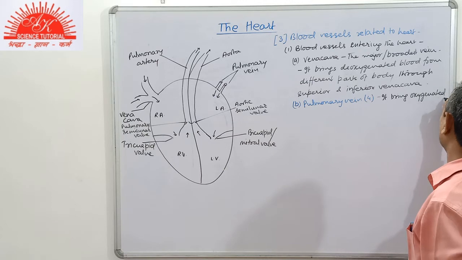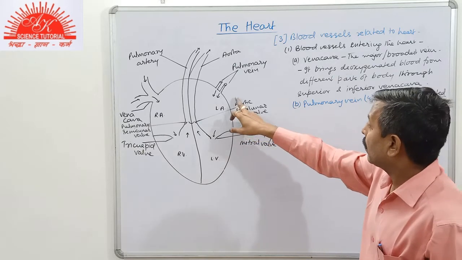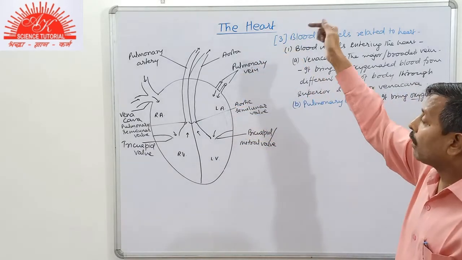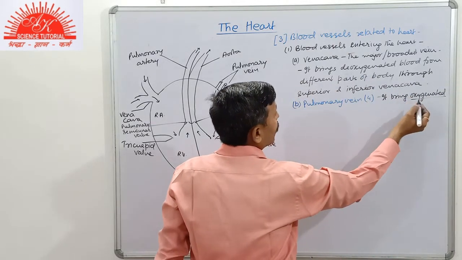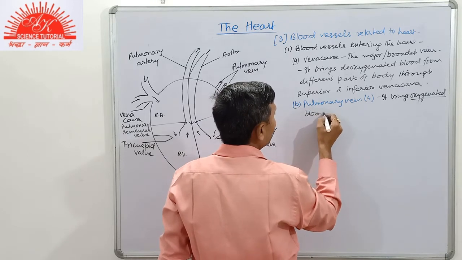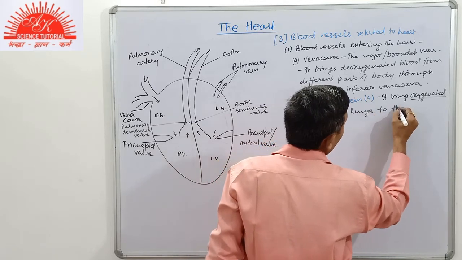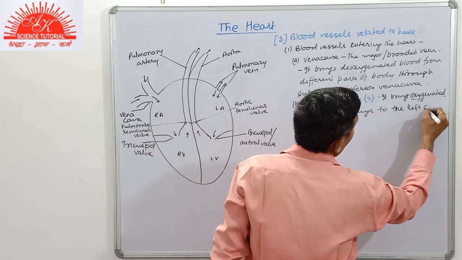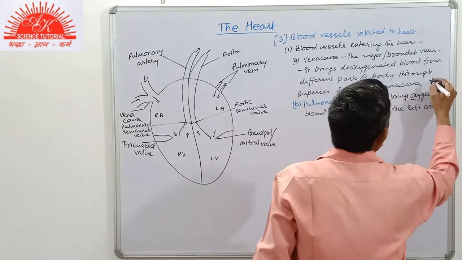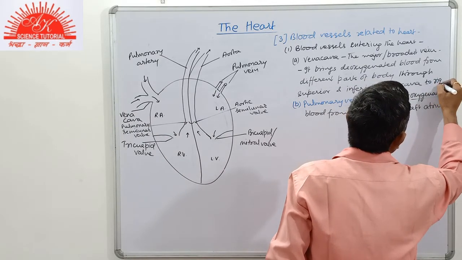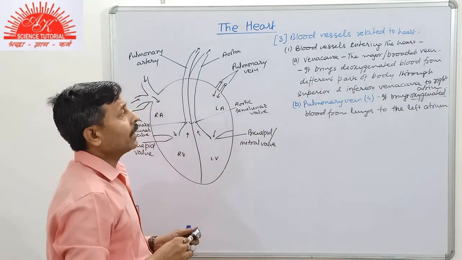Now this is the exception, students, because a vein carries deoxygenated blood, but it is the pulmonary vein which brings oxygenated blood from the lungs to the left atrium, and the inferior vena cava brings blood to the right atrium. Now this was the blood vessels entering the heart.